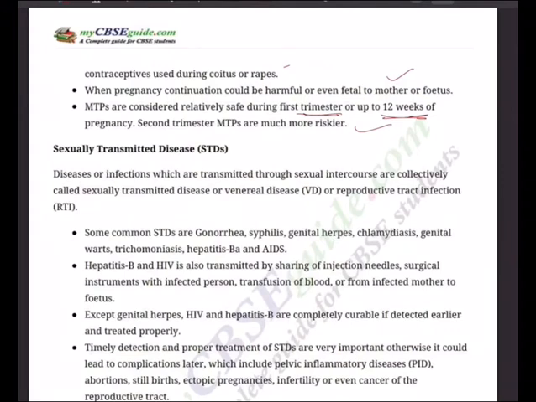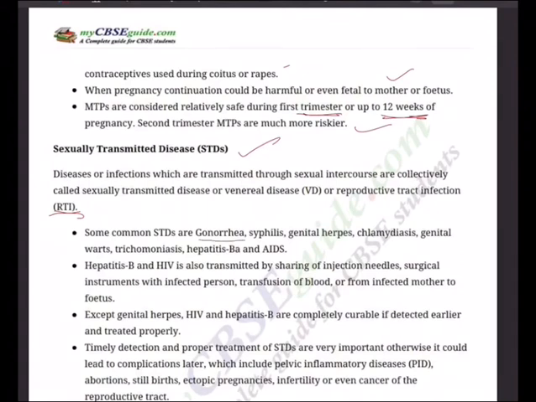And then we continue with what are called STDs, sexually transmitted diseases. Diseases or infections that are transmitted through sexual intercourse with infected persons are collectively called STDs. These are also sometimes called VDs, venereal diseases, or sometimes RTI, reproductive tract infection, and various diseases are there under this.